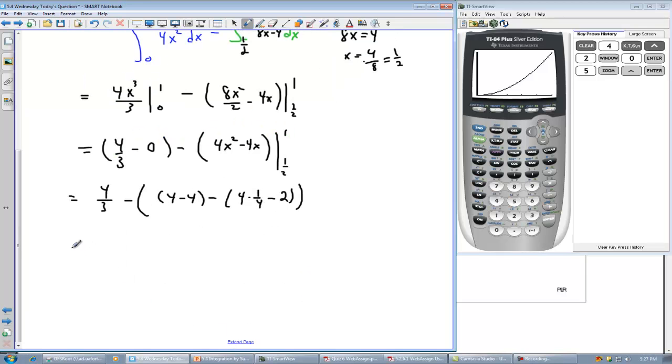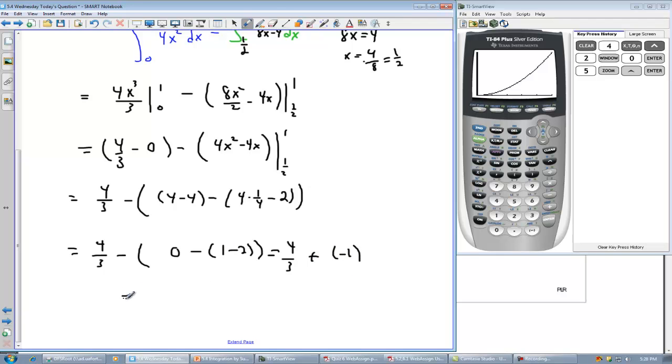And just keep going. So this is 4/3 minus, and I have a 0 here for 4 minus 4, minus, I have a 1 minus 2, which equals, again, 4/3 stays, and then minus, so here that's just a 0, and a minus then becomes a plus, and this is a minus 1.